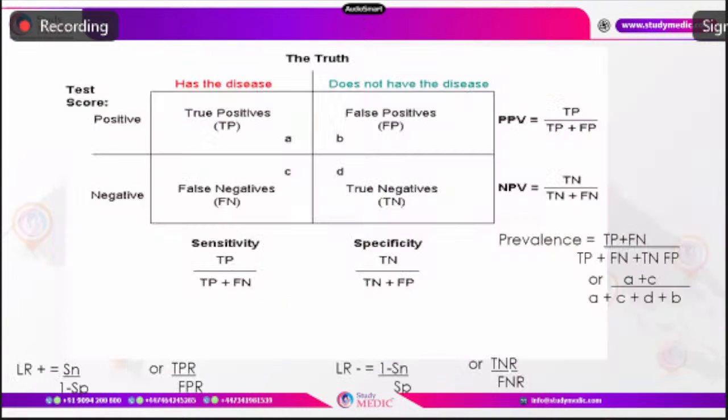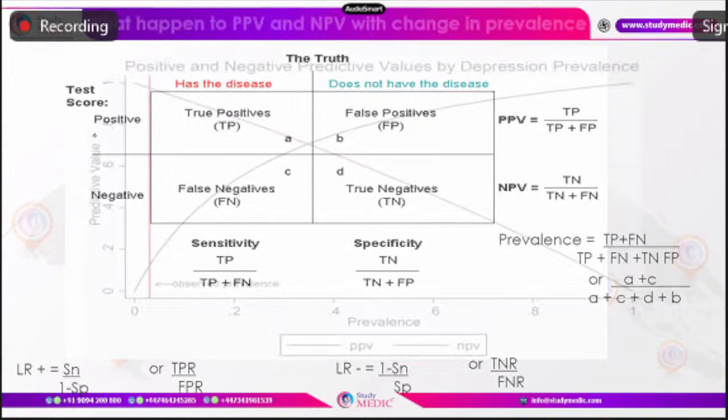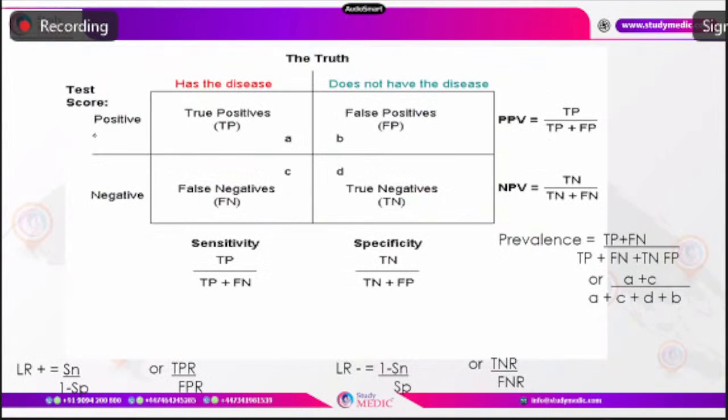Now we will see with the help of this double 2 by 2 diagram what these findings are. Suppose this is the truth, and this is the test. Test is positive and the patient also has the disease: then it is called a true positive.